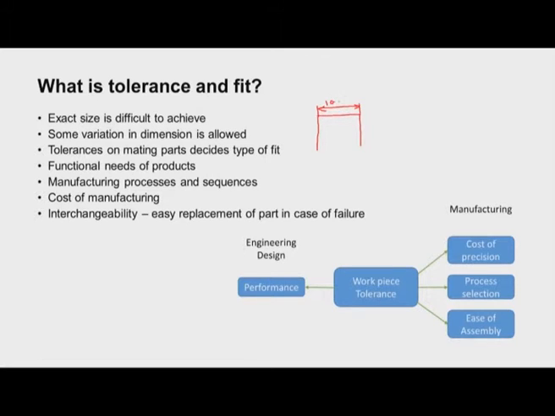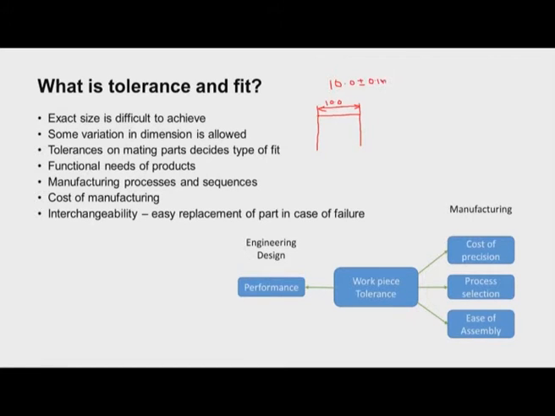Now we know that it is very difficult to produce the shaft exactly to 10 millimeter. So he will allow some variation in the dimension. Say the shaft can vary within this size, say 0.1 mm.